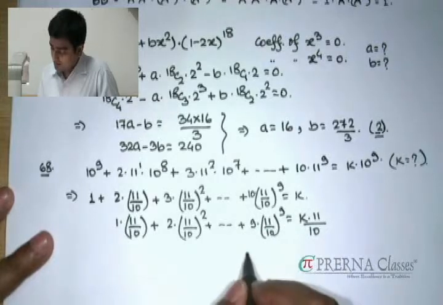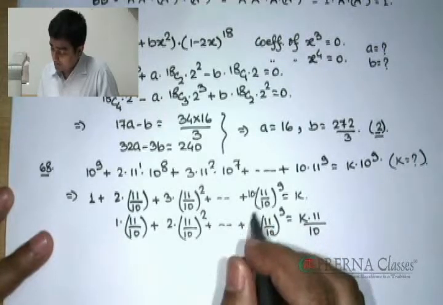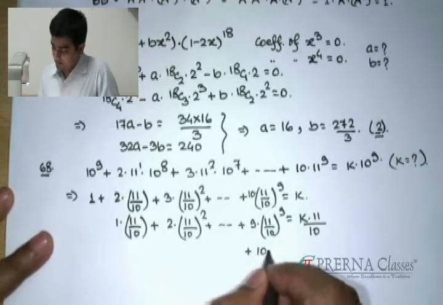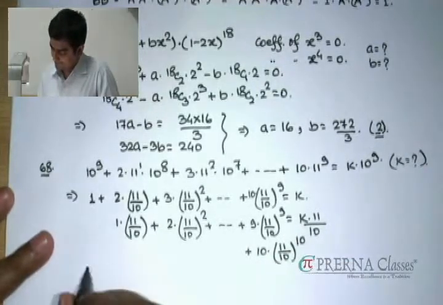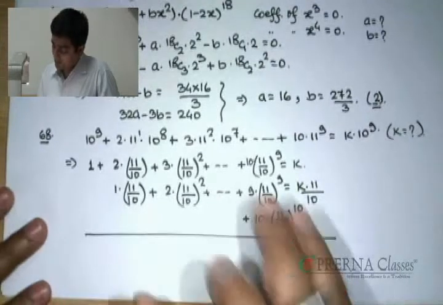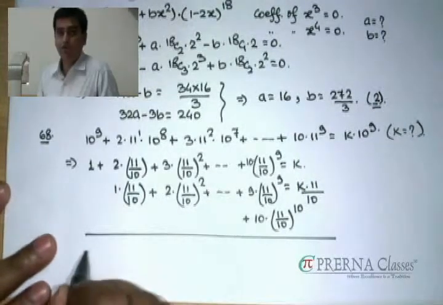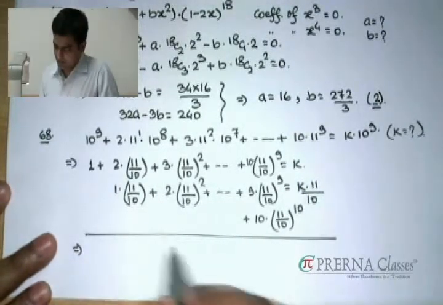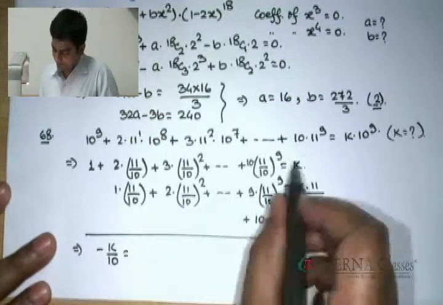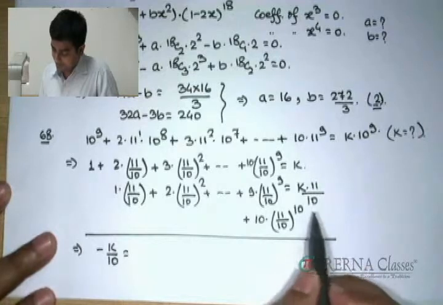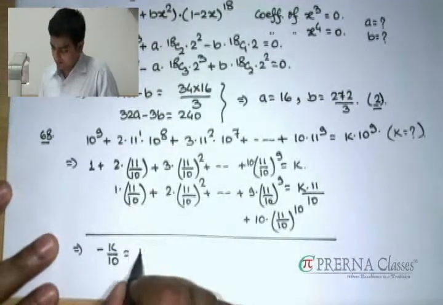We have 9 times this. And the last term of that series is going to match with this expression. After that, we take the difference of such a series. Clearly on the right side you can check it is negative of k by 10.